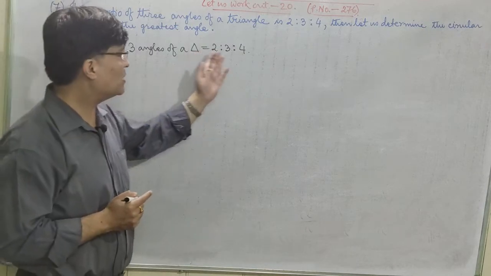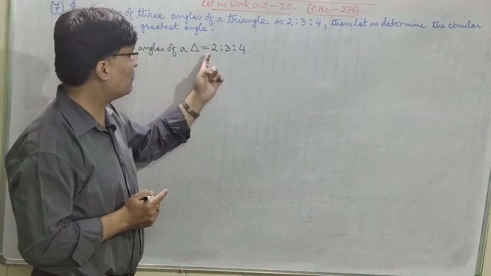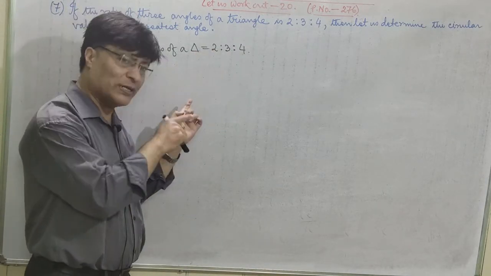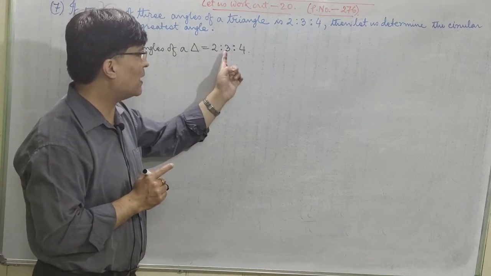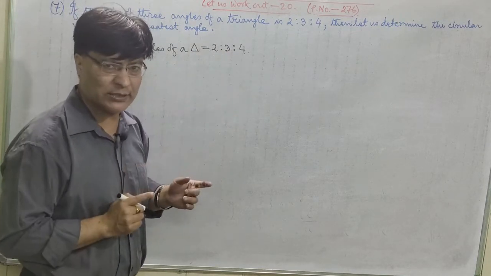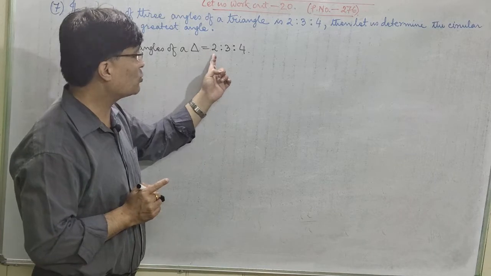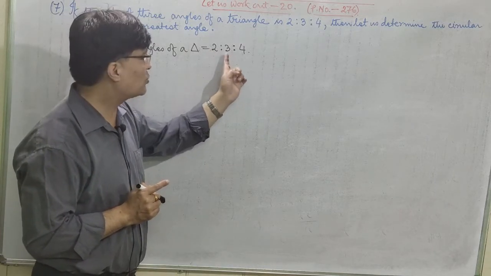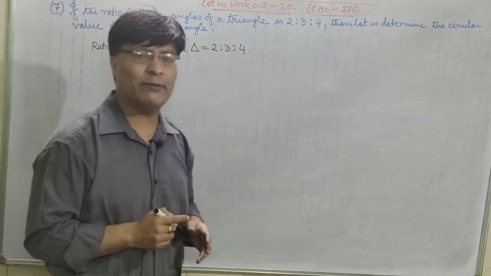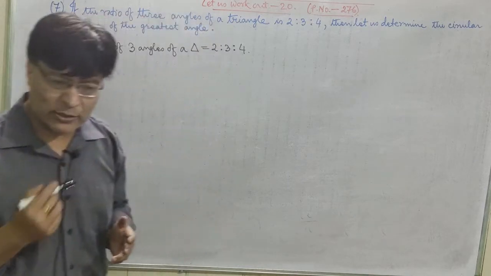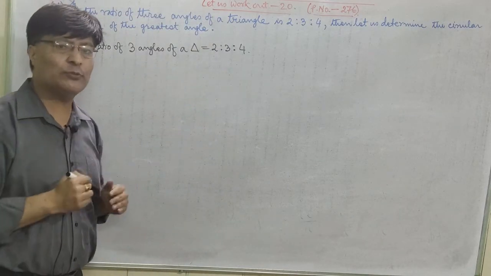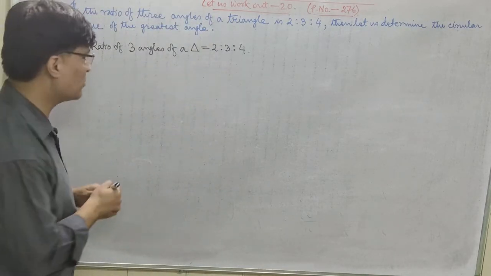Suppose this 2 is multiplied by x, then 3 and 4 should also be multiplied by x. So in that way we can assume the three angles of the triangle.